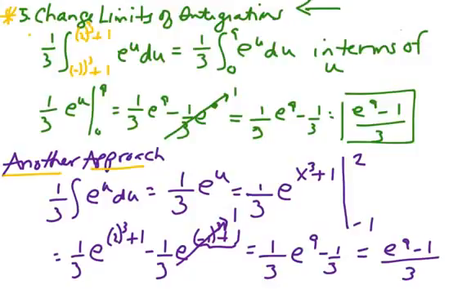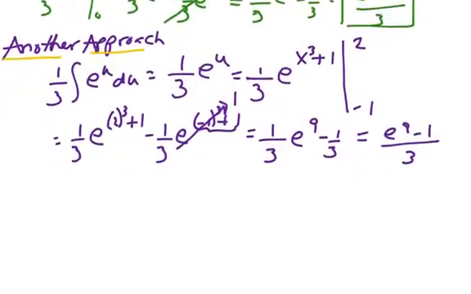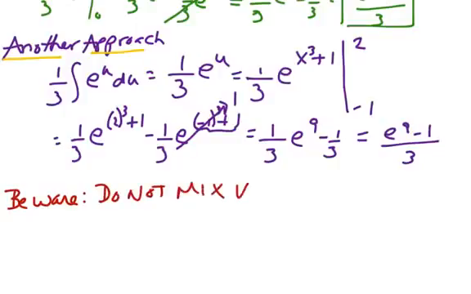Just be careful. All right, so I want to put a big beware here at the bottom, and maybe I'll write it in red. Beware. Do not mix variables. If you work in terms of u, stay in terms of u. If you work in terms of x, stay in terms of x. Okay, so no mixing of variables.